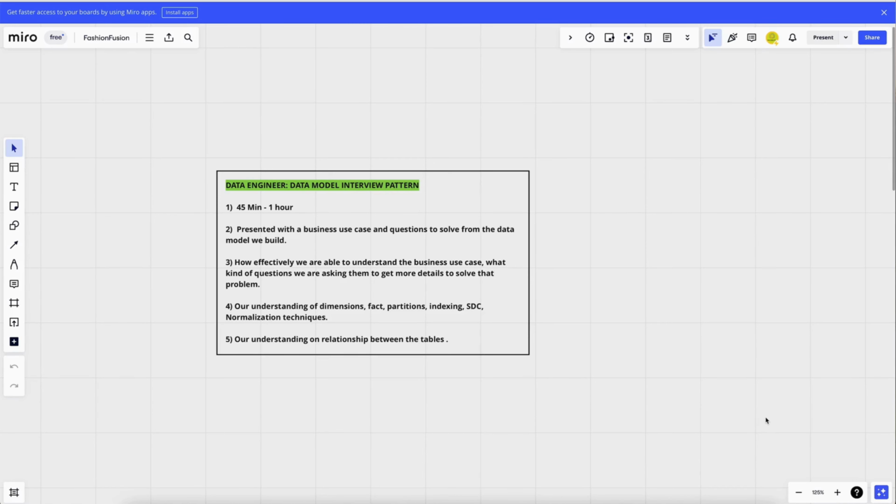So basically, they'll be looking into these concepts, how well we are able to understand and integrate them as a part of this data model, and also our understanding of the relationship between the tables we build, the dimensions and the facts, and how well we are able to relate all these tables and use them to solve the business use case.